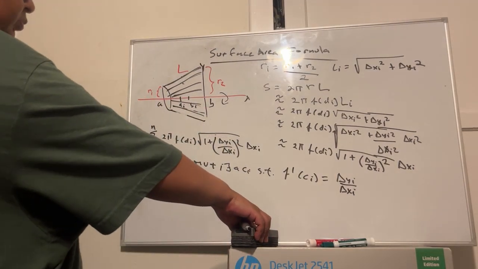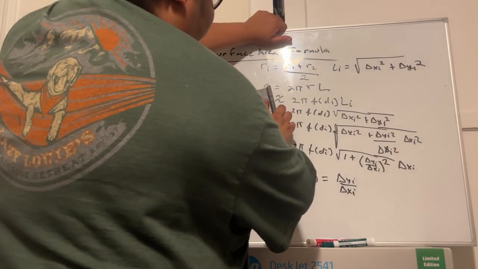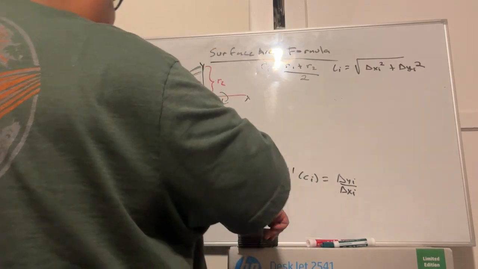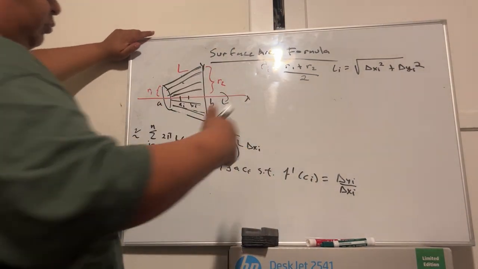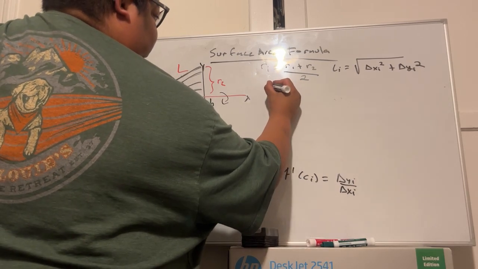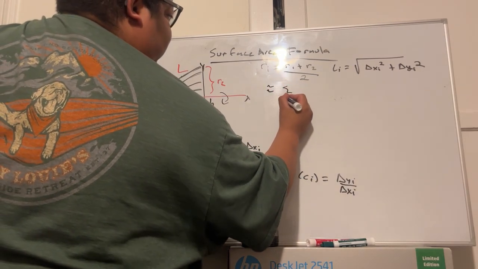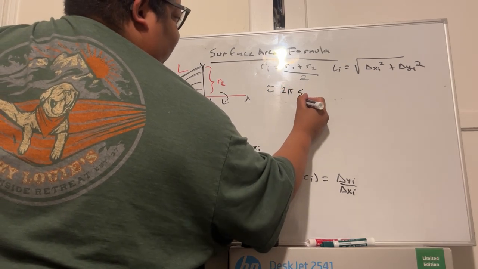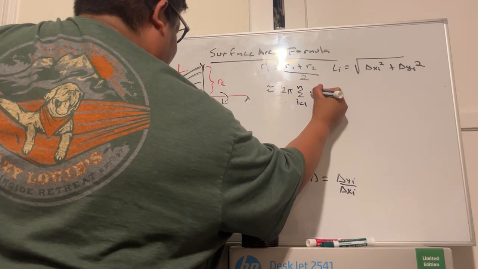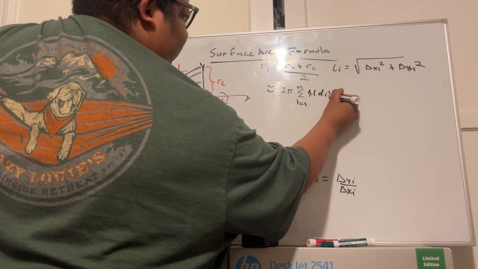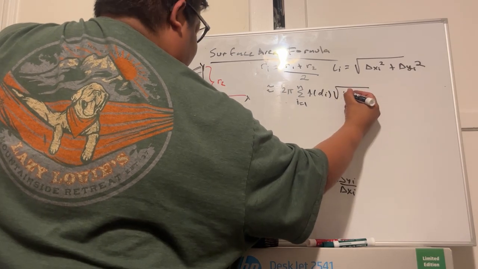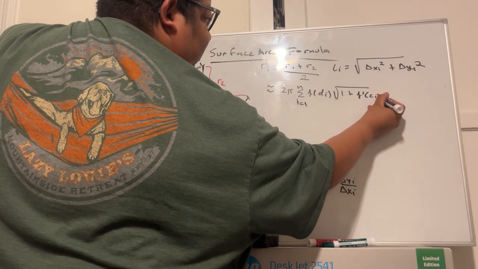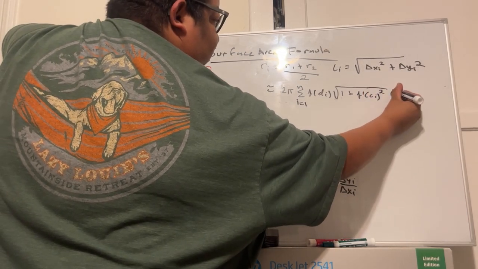So now the approximation becomes, let's pull out the 2 pi, the sum of f of di times the square root of 1 plus f prime of ci squared, times delta xi.